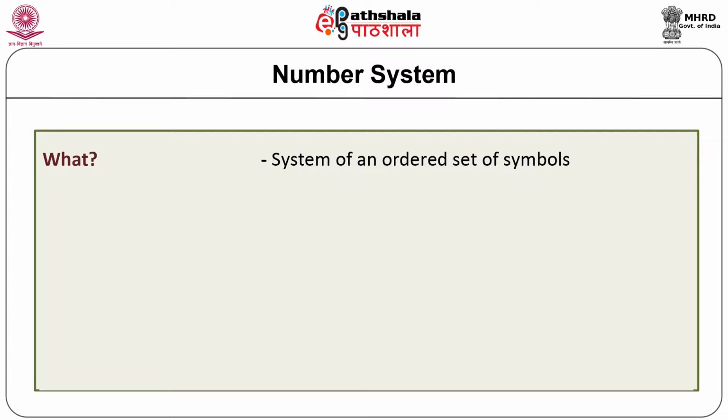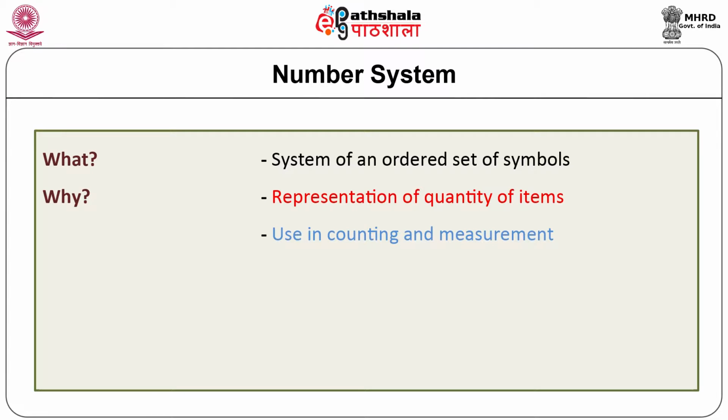Number system is a system of an ordered set of symbols used to represent a quantity. These numbers are defined for basic mathematical operation. Numbers are also used for representation of measured physical parameters in quantitative form. We use numbers for mainly counting.